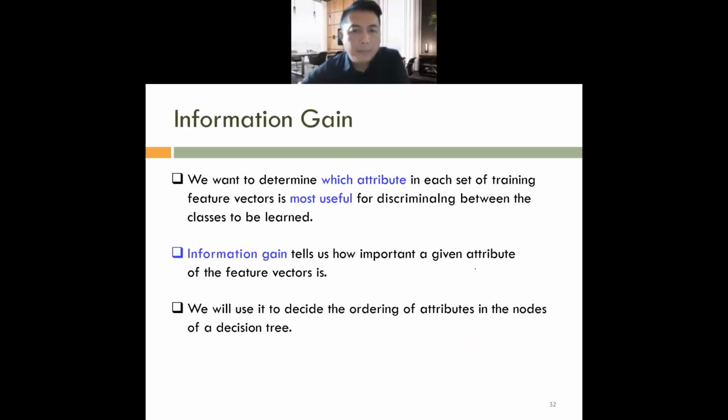For us to find the best splitting, we have to know about information gain. Information gain tells us how important a given attribute of the feature vector is. So we will decide the ordering of attributes in the nodes of a decision tree. We can rank them.